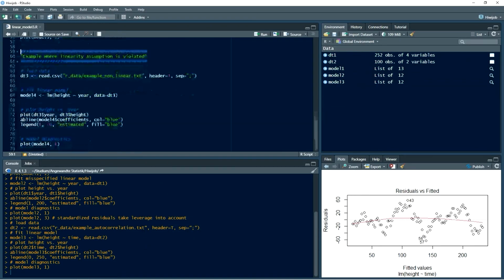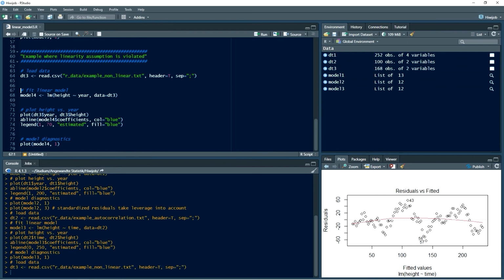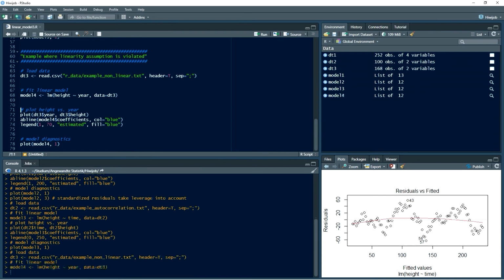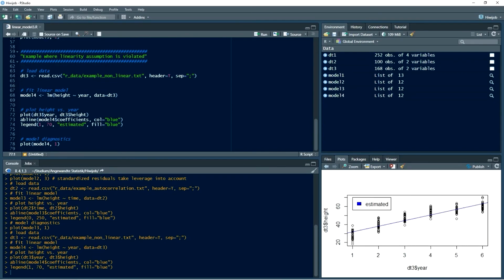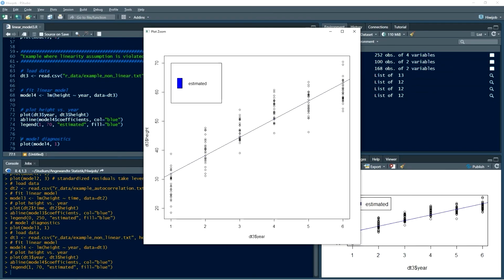Finally, let's look at an example where the linearity assumption is violated. So let's load some new data for that and fit a linear model. If we plot the model variables, we can see that there is a slight curve such that the estimated linear function doesn't seem to adequately represent the true relationship between the variables.